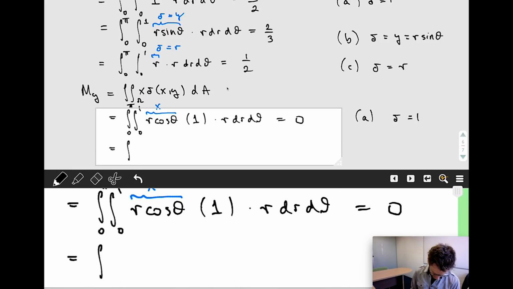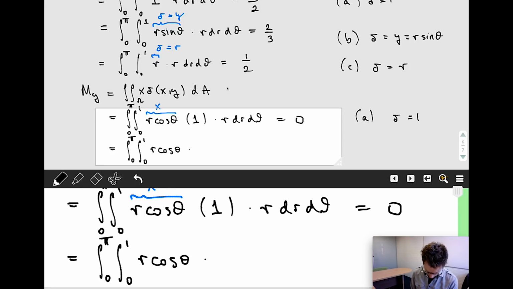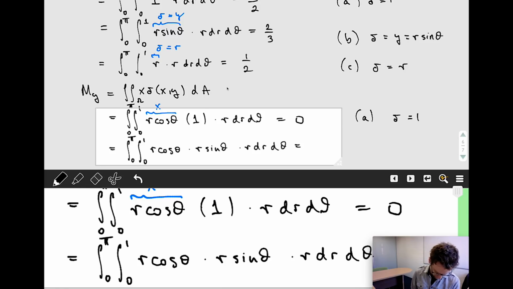We have the case of the density being equal to y. So this is case B. So x is still r cosine of theta. We've got delta is equal to y, so r sine of theta, r dr d theta. So this is x.